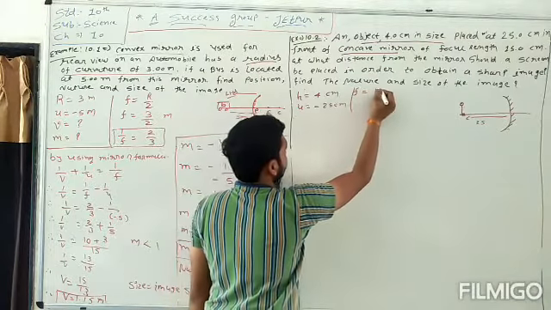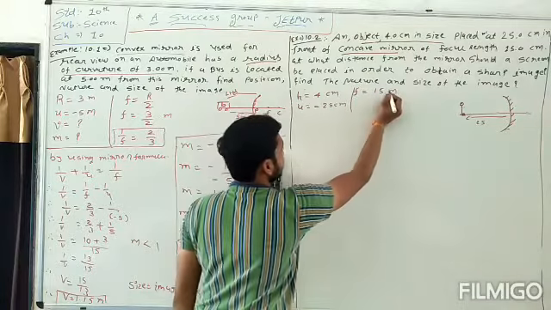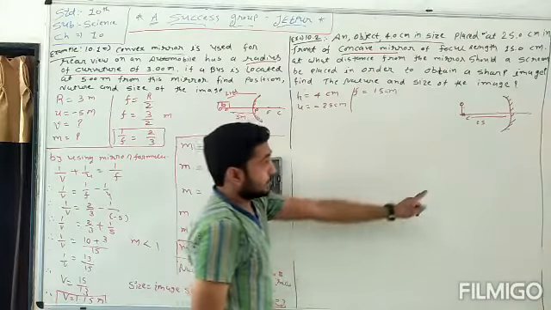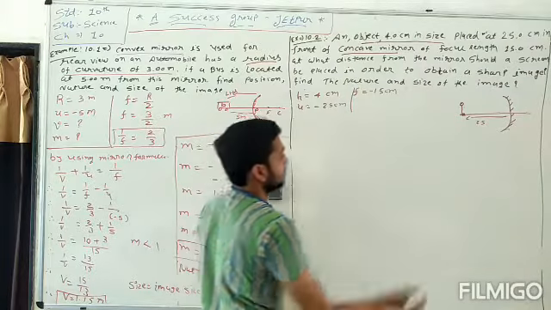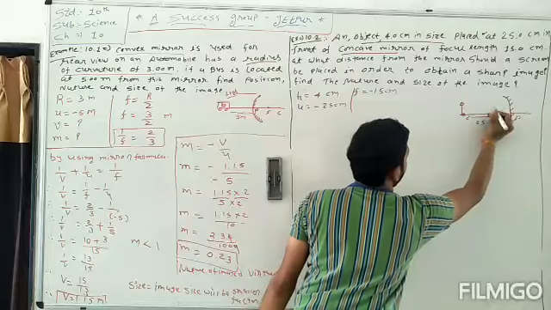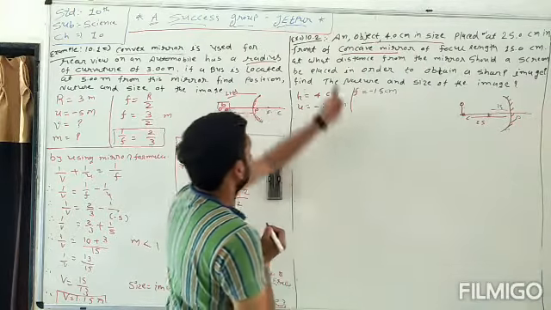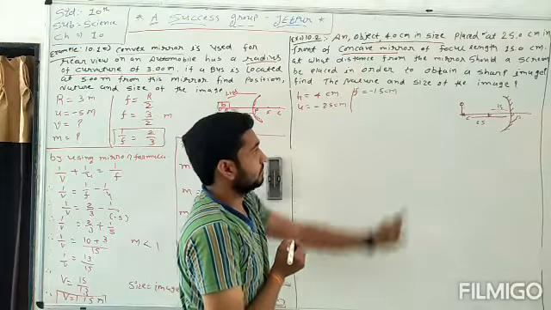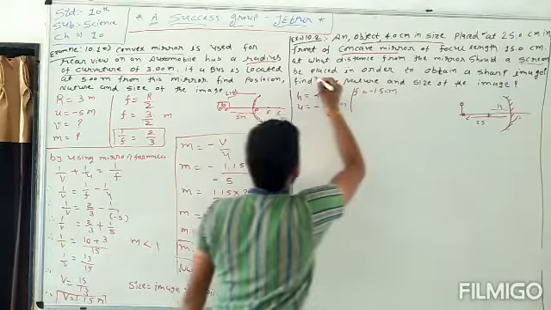The concave mirror has focal length 15 centimeter. Focal length is 15.0 or 15 centimeter, and on the left side, so it is also negative. Here is the focal point, and this distance P to F is called the focal length, 15 centimeter. At what distance from the mirror should the screen be placed?